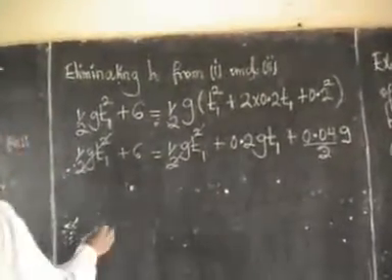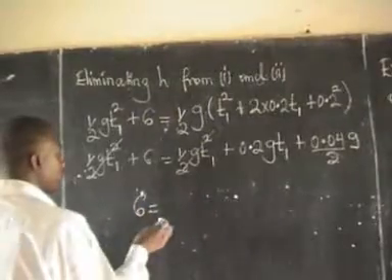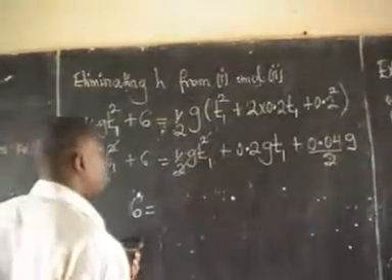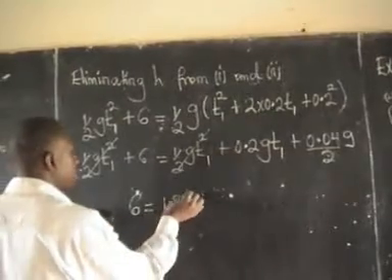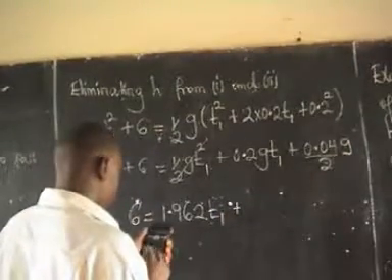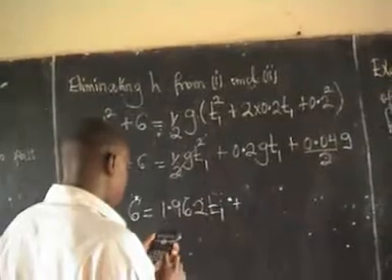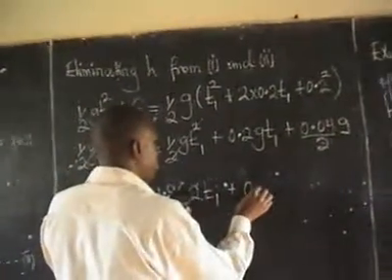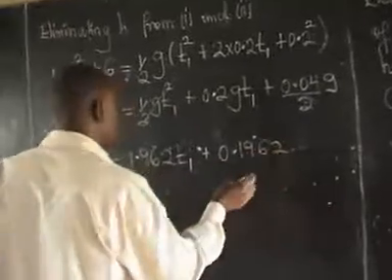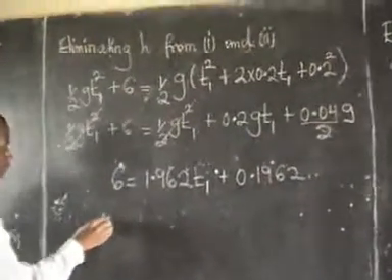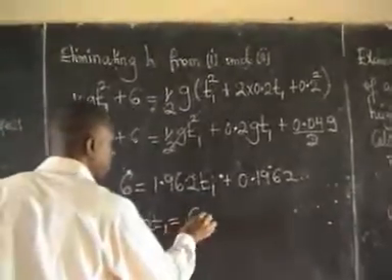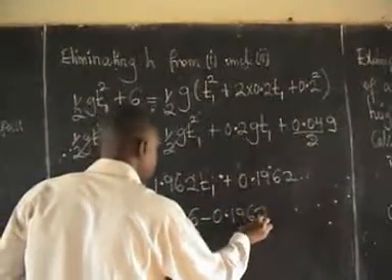So we shall have now our 6 is equal to 0.2 times 9.81, which is 1.962 T1, plus 0.04 times 9.81 divided by 2, which is 0.1962. So 1.962 T1 is equal to 6 minus 0.1962.